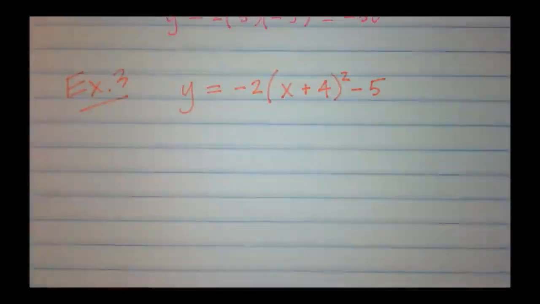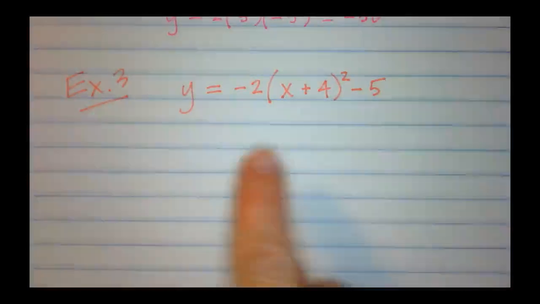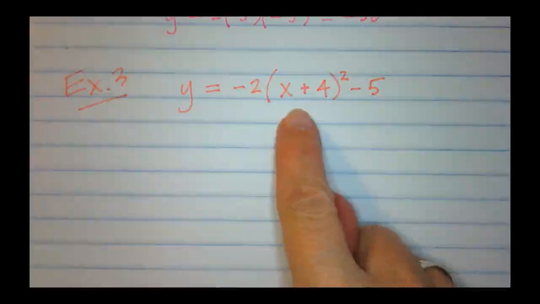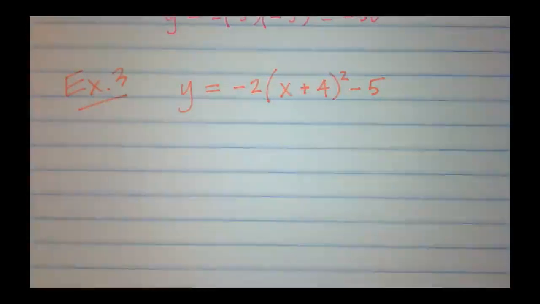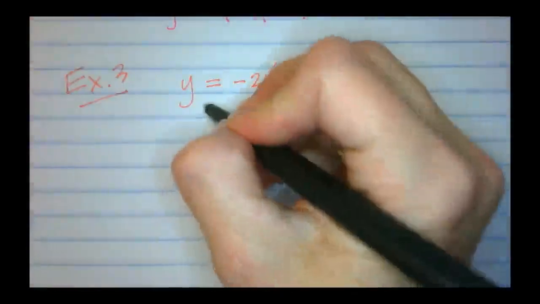All right, so standard form has no parentheses. Intercept form is going to have 2 sets of parentheses at least, or it should, not always, but just go with it. And then vertex form is easy to recognize because we have 1 set of parentheses that's squared. So this one is definitely in vertex form.